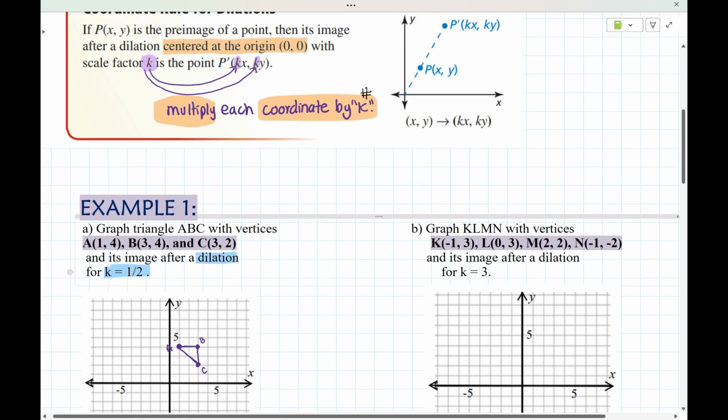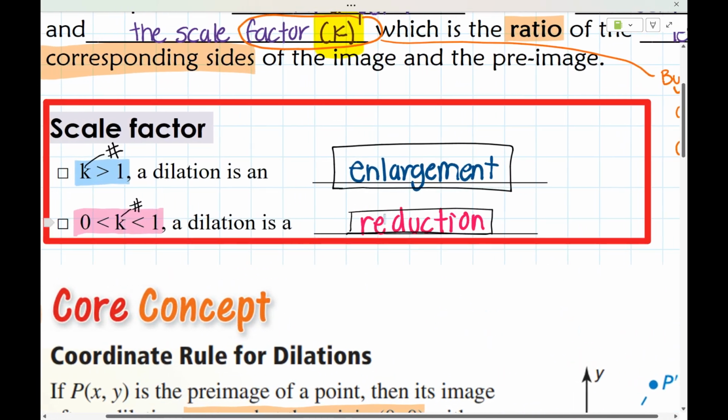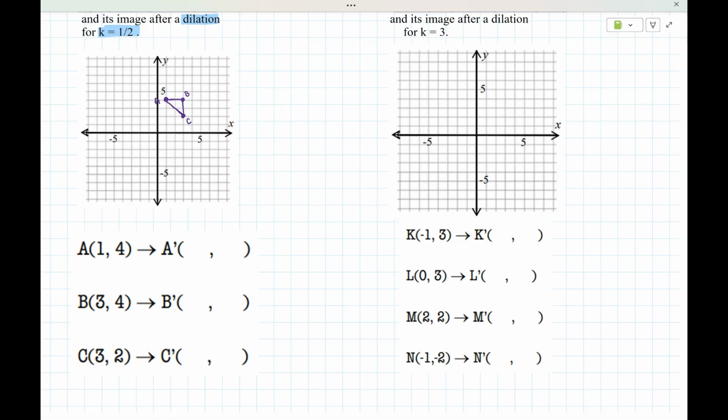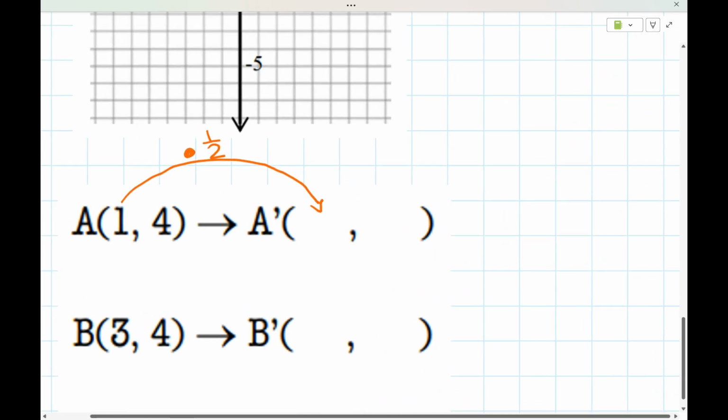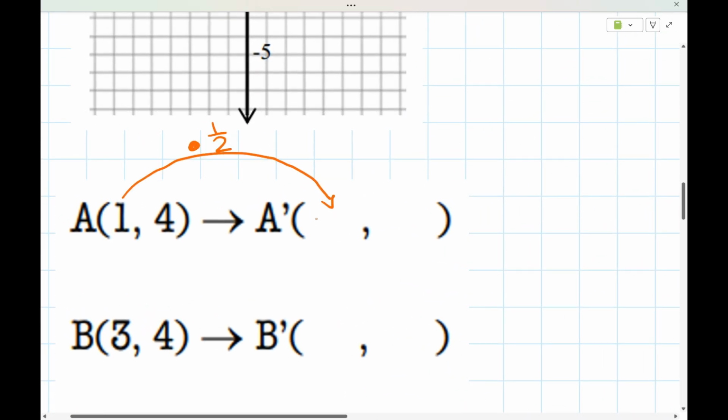Since k is between 0 and 1, your pre-image, that triangle, is going to reduce. So all I need to do is multiply my x coordinate by 1/2 and multiply the y coordinate by 1/2 as well.